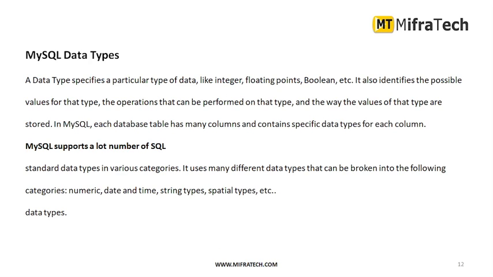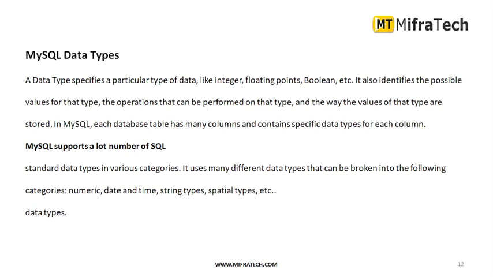Next we will move on to MySQL data types. A data type specifies the particular type of data like integer, float, boolean, character. It also defines the possible values for that type, the operations that can be performed on that type, and the way the values of that type are stored.